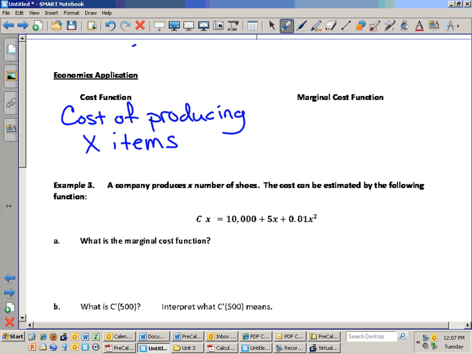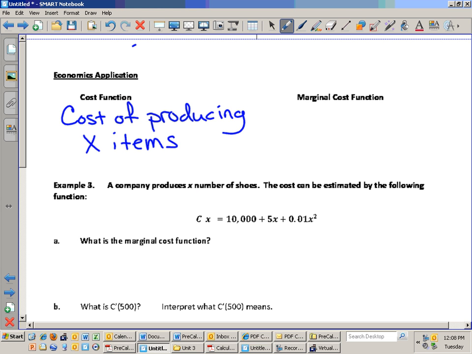This is helpful stuff. So the cost function is the cost of producing X number of items. So in this example, I say a company produces X number of shoes. The cost function can be determined by this. C of X is that. Well, then we want the marginal cost function.